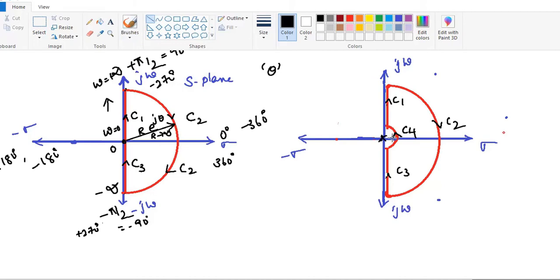But in this case, we can see another arc. Here in this figure, we have an arc which is section C2. Here also there is an arc which is section C2, and also there is another arc which is known as section C4. For this arc also there is a radius, but this radius is represented by a small letter.